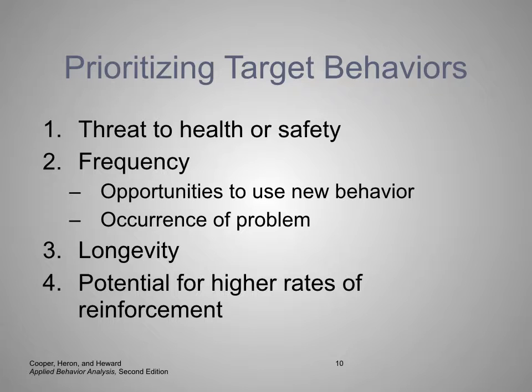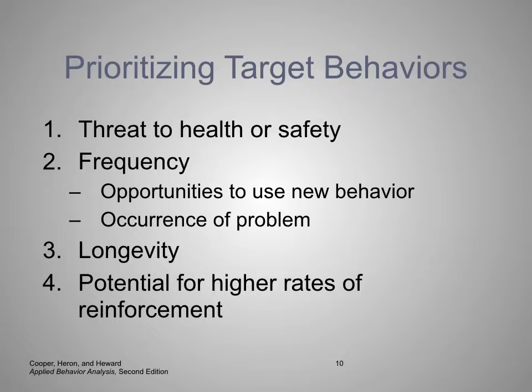It will help you determine which behavior deserves attention first and next. So the first question is, does this behavior pose any danger to the client or to others? The second question, how many opportunities will the person have to use these new behaviors? Number 3, how long-standing is the problem or skill deficit?